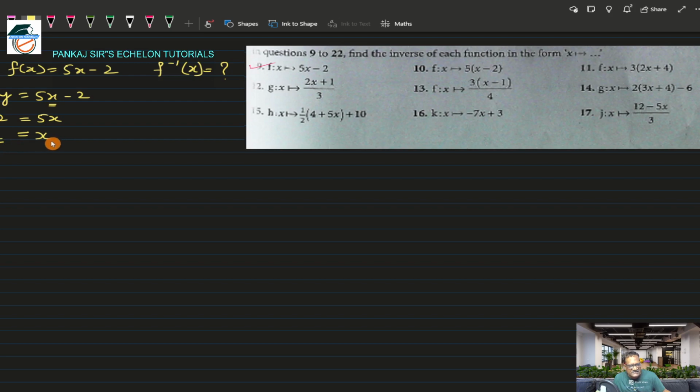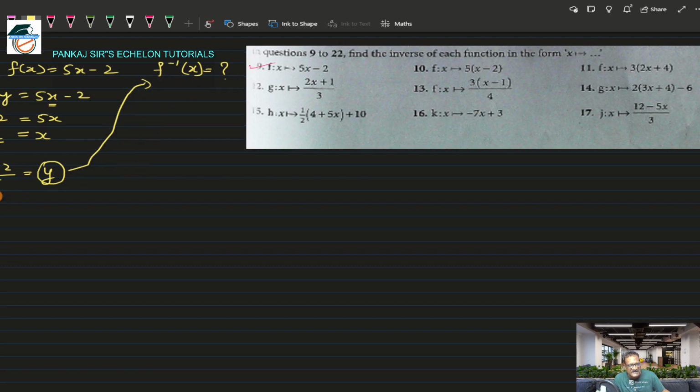Once x is isolated, or once you make x the subject, all you have to do in the second step is just swap x and y. What I mean by that is, instead of y you write x, so x plus 2 upon 5, and instead of x you write y. That's it. Now this is nothing but your inverse function, f inverse x.